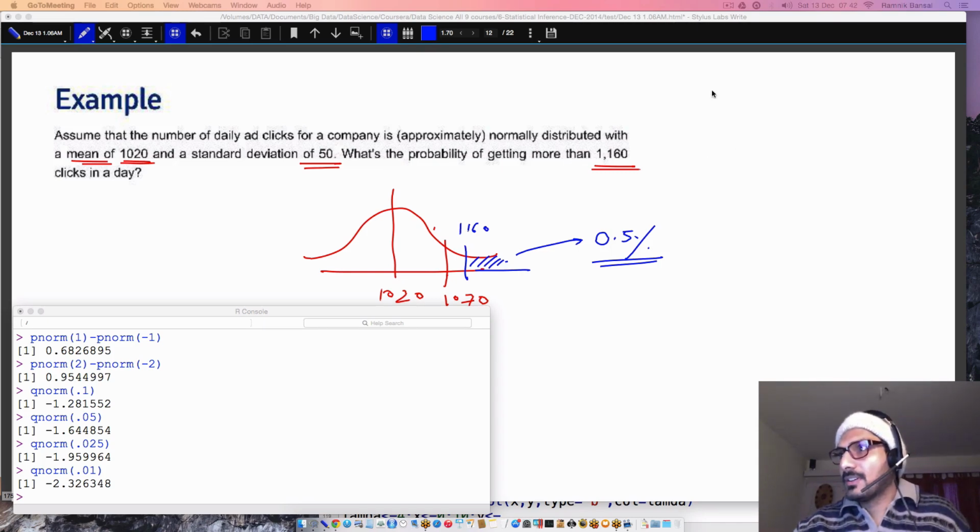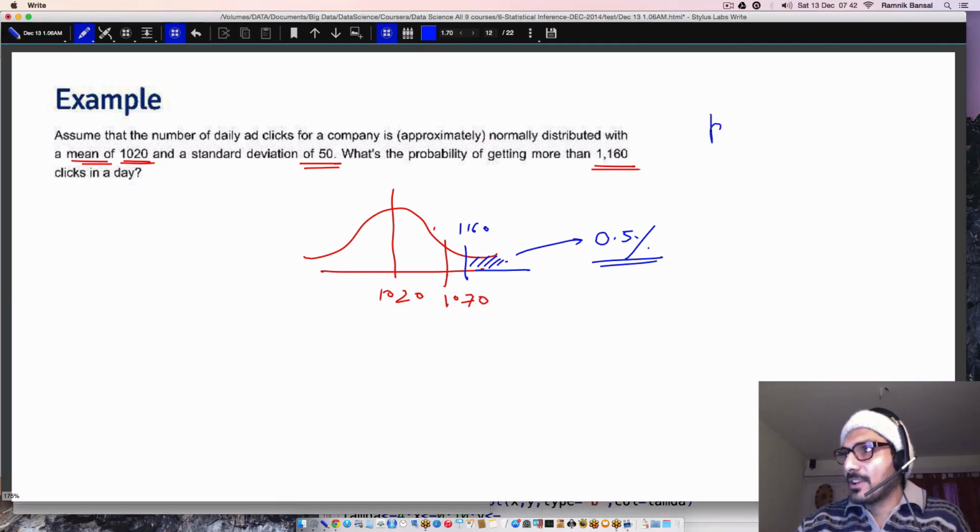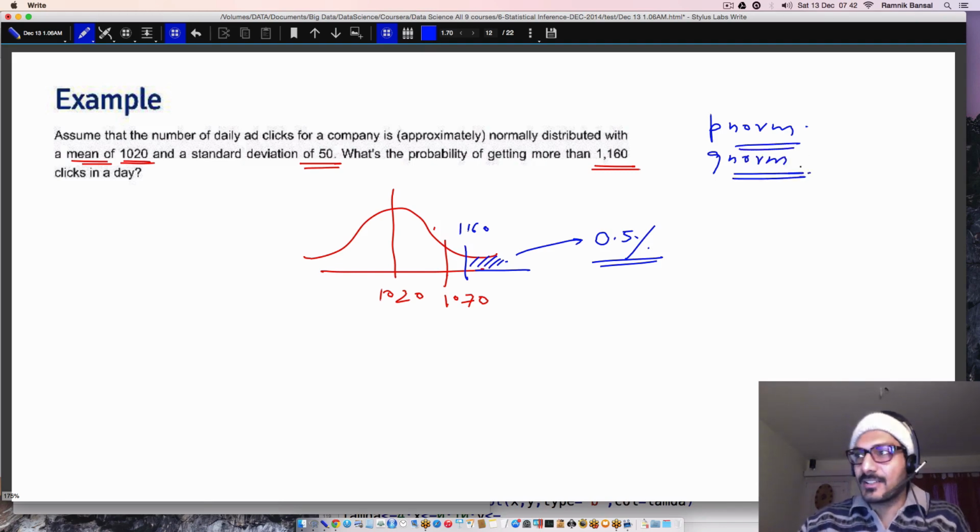So we have two formulae: I have P norm and I have Q norm. P norm takes the distribution, the normal distribution, and the output will be a probability. Q norm's output will be a quantile. What am I interested in? I'm interested in probability, which means I'll use P norm.